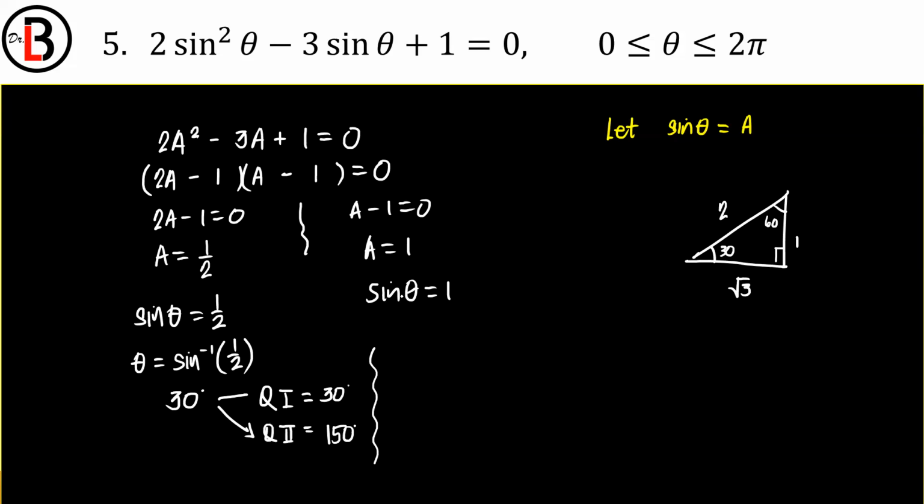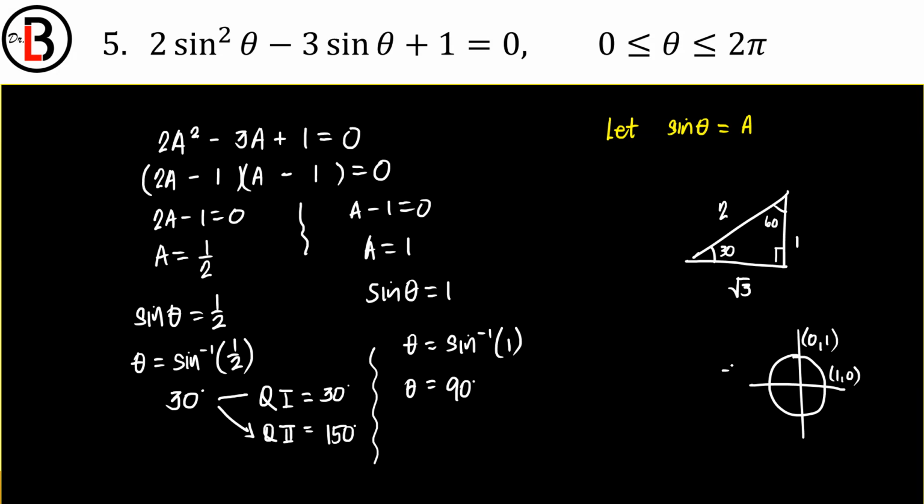Now, for this one, sine theta equals 1, you can say it's basically the arc sine of 1. This is 90 degrees, right? Or you can use the unit circle. It's 1, 0, 0, 1, negative 1, 0, and 0, negative 1.